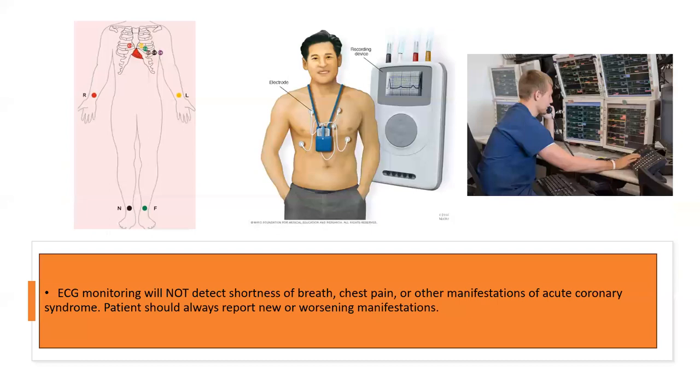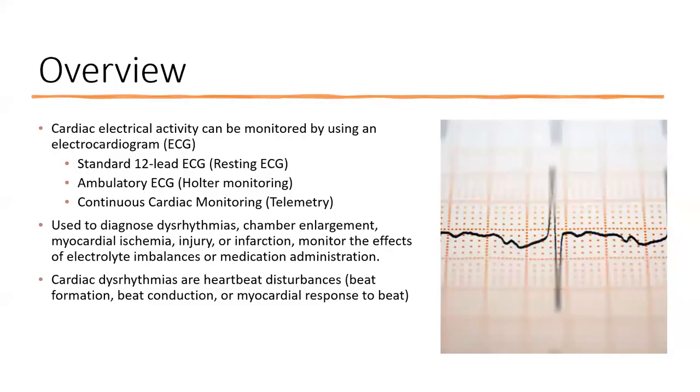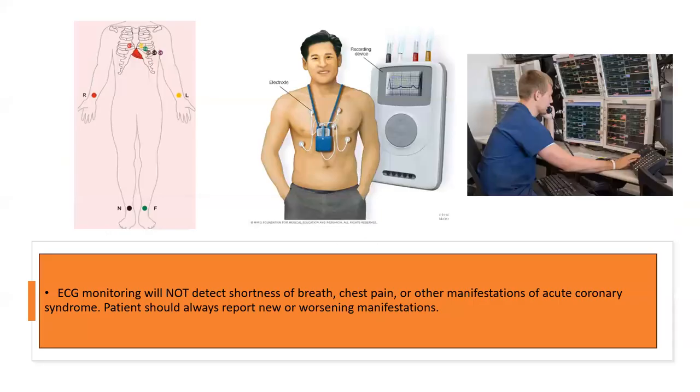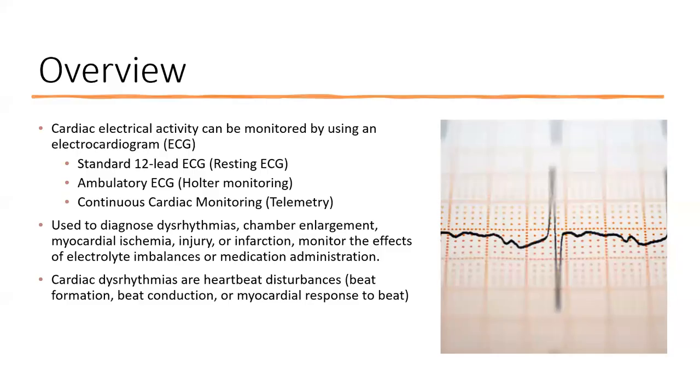On here, you can see this 12-lead, and it's connected to a machine. Then you've got your ambulatory ECG or your Holter monitoring. That's this gentleman here. Those ones are typically sent with patients when they go home. If your cardiologist decides that he wants to watch your rhythms, he'll give you that Holter monitor.